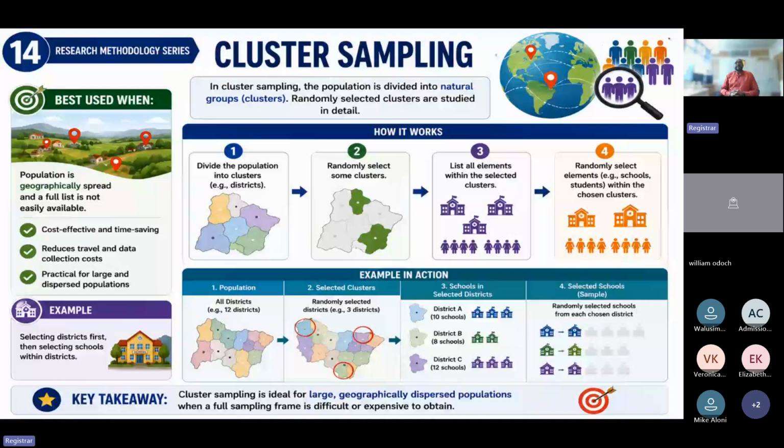In cluster sampling, the population is divided into natural groups, like clusters, because the population is geographically spread and we don't have a full list of the population. Why do we use this? Because it is cost effective and time saving, like all samplings.